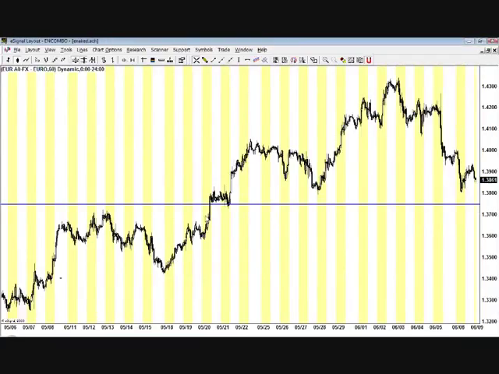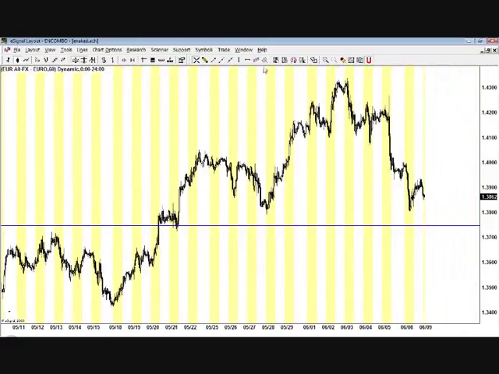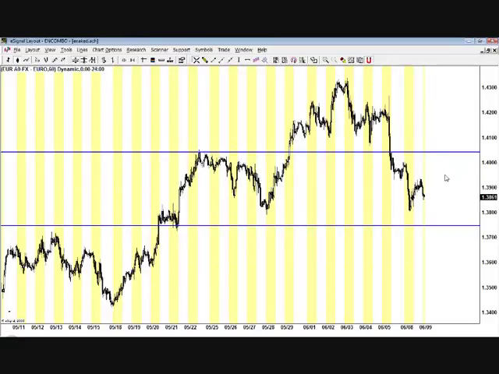So on the euro, there's a potential head and shoulders pattern forming. There's the left-hand shoulder, there's the head, here's the neck, and the potential right-hand shoulder would be a rally up to the height of the left-hand shoulder, which would be around about 1.4050. So about 200 pips from where we are right now.